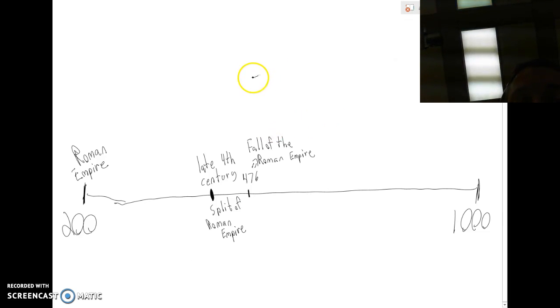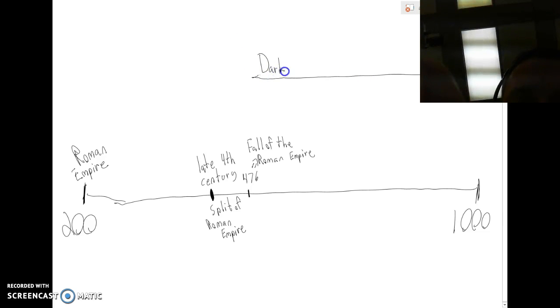So we talked in some depth in this unit about the concept of the Dark Ages. And we know the Dark Ages are the time in Western Europe after the fall of the Roman Empire, but before the Renaissance. So the time in between those two touchstone events in Western civilization.